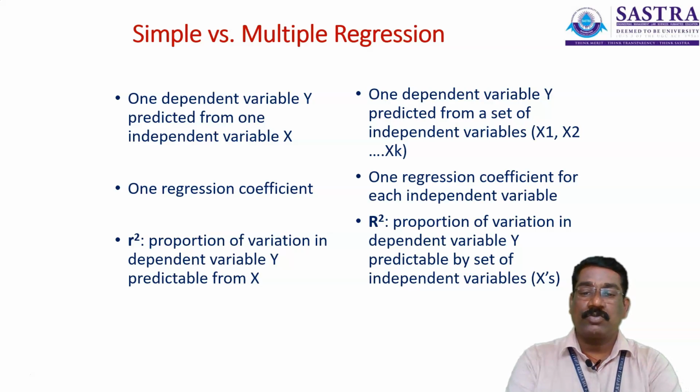When you talk about R square in simple regression, it is the proportion of variance in dependent variable y predictable from x, whereas in multiple regression analysis, it is the proportion of variance in dependent variable y predictable by a set of independent variables. That is very, very important as far as multiple regression is concerned. So I hope with these features, we can distinguish the differences between simple and multiple regression analysis.